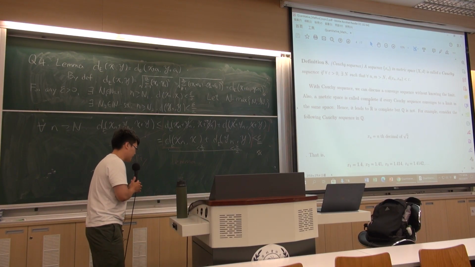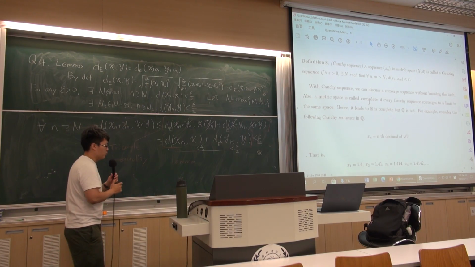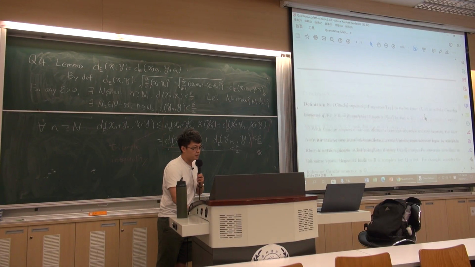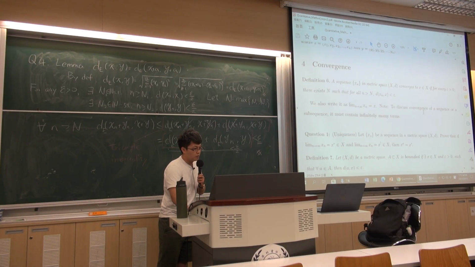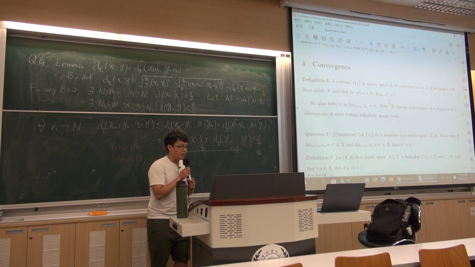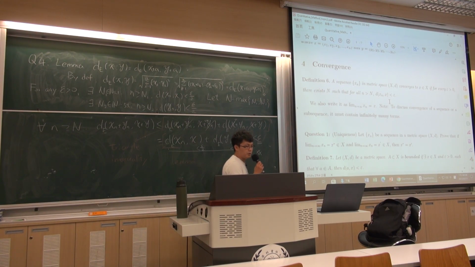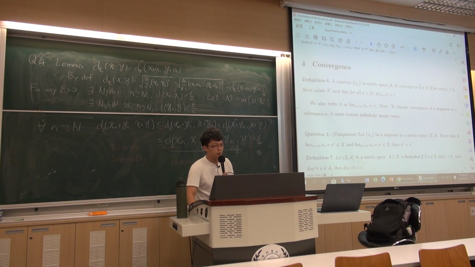The difference is that when we define the convergence, we need to know where it converges to, which means that we need to know the small x here.